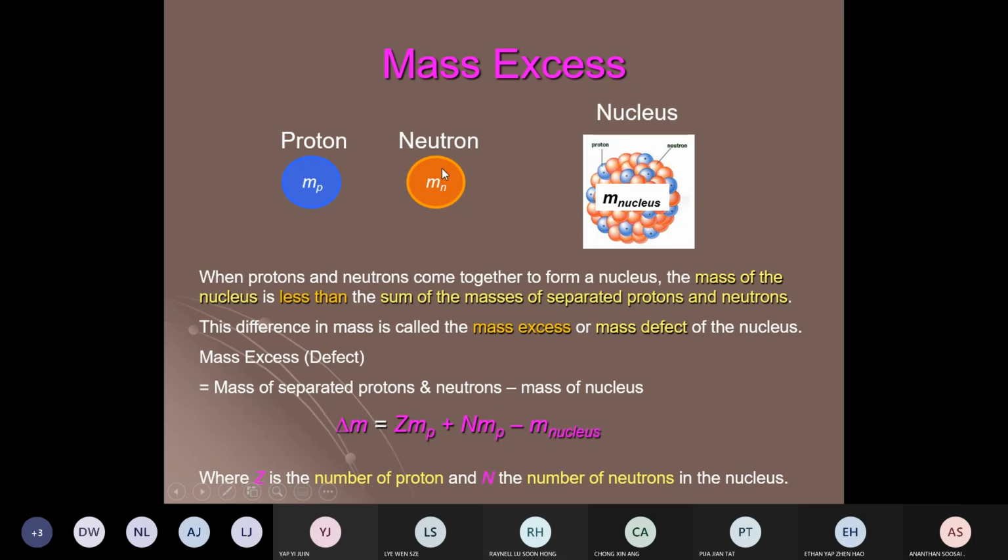When a nucleus forms from nucleons, some mass changes. When protons and neutrons come together to form a nucleus, the mass of the nucleus is less than the sum of the masses of the separated protons and neutrons.